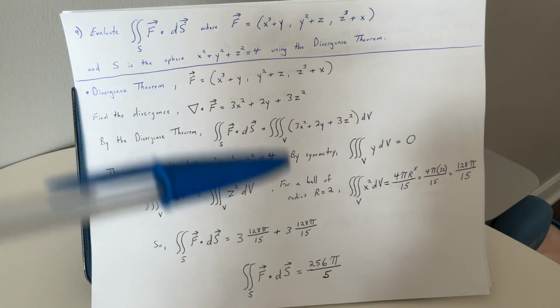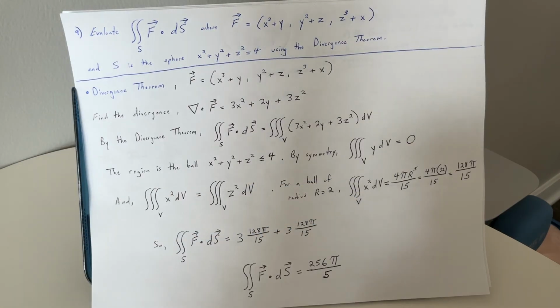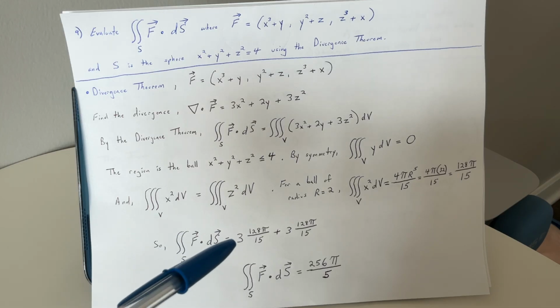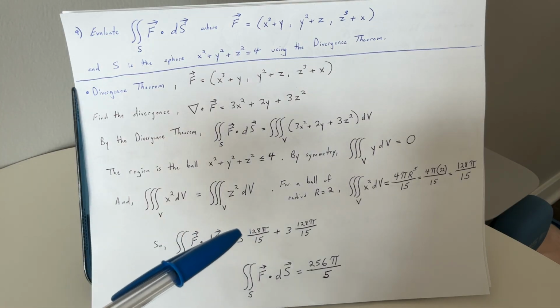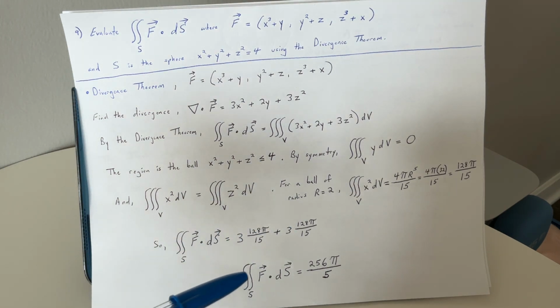And for a ball of radius r equals 2, this triple integral of x squared dV is going to come out to 4 pi r to the 5th over 15, which is equal to 4 pi 32 over 15, which is going to equal 128 pi over 15 when we perform the computation. So this double integral along S of F dot dS equals 3 times 128 pi over 15 plus 3 times 128 pi over 15. So this double integral of F dot dS equals 256 pi over 5.